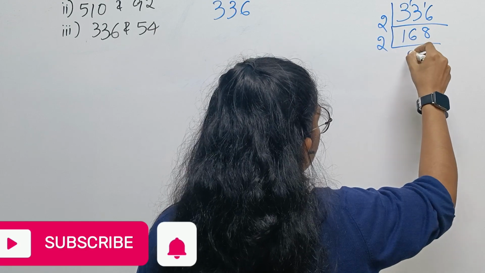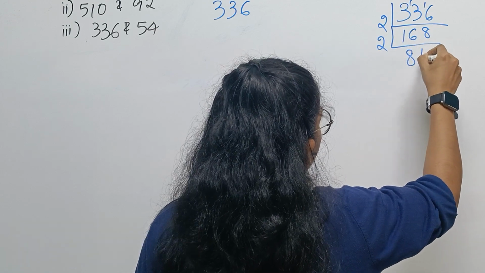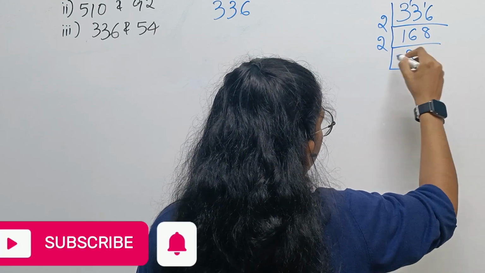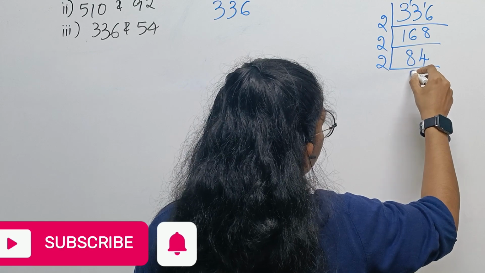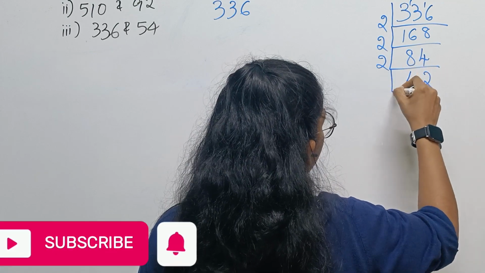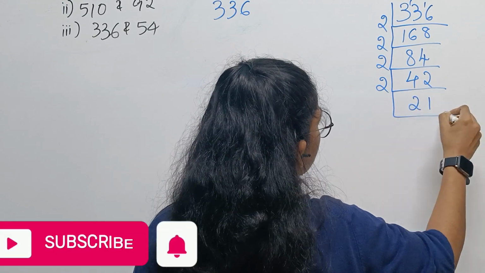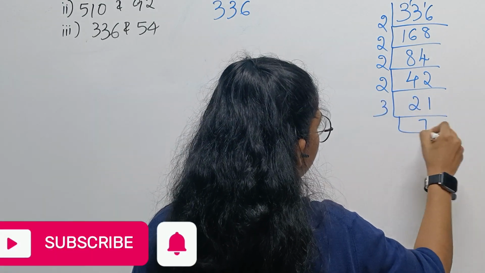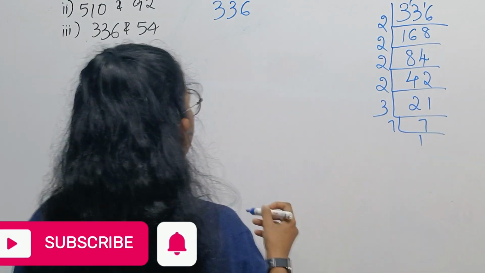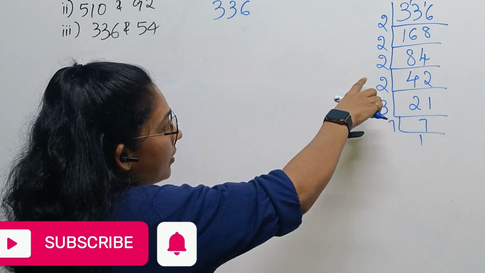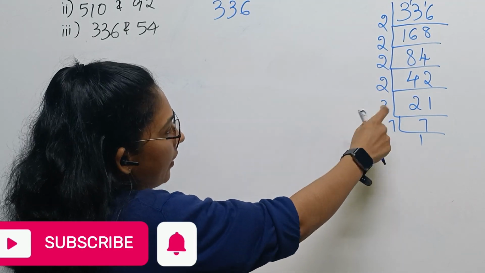Now again with 2, 84. Okay, again with 2 we get 42. Now 2, 21, 3 and 7.